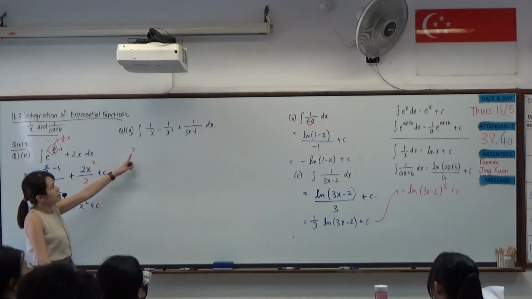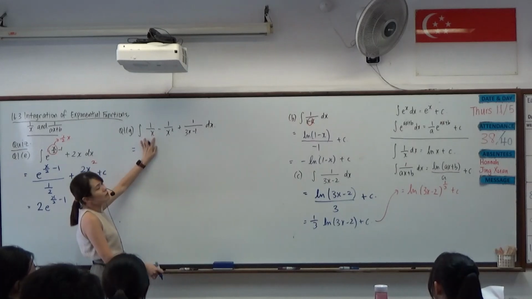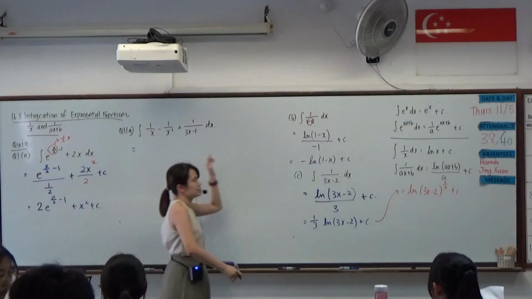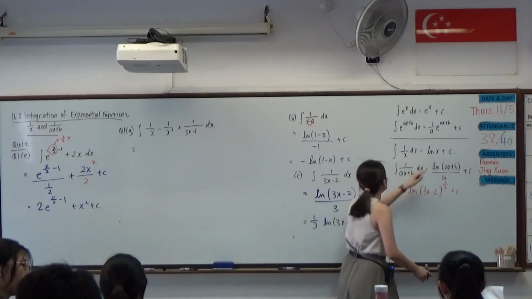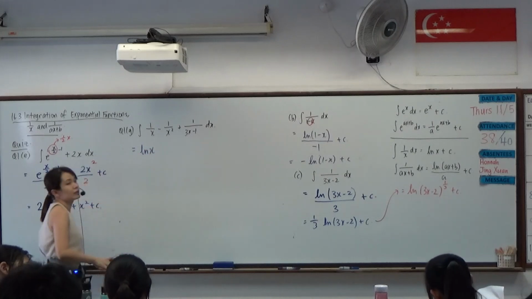We're going to integrate this in parts. For 1 over x, when we integrate, we will be looking at ln. So for the first integral, we're getting ln x.